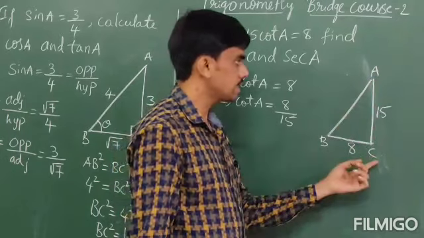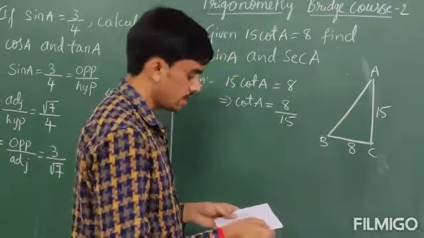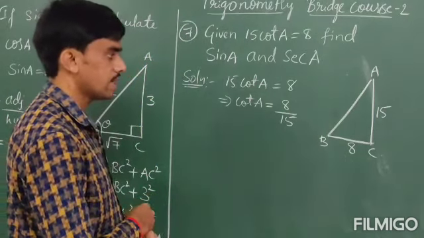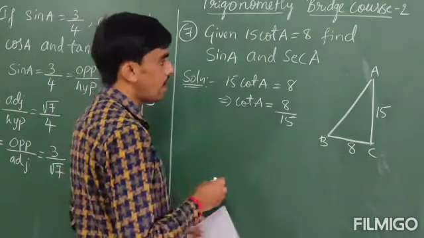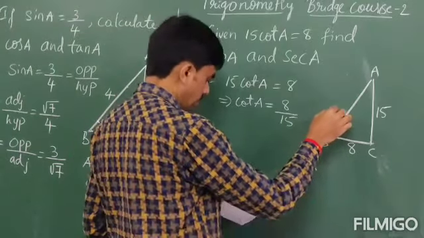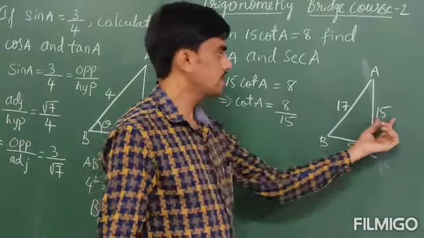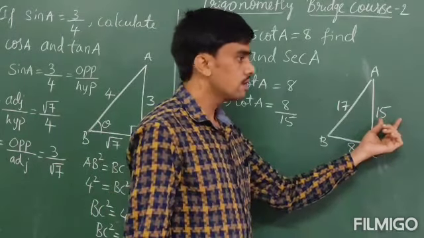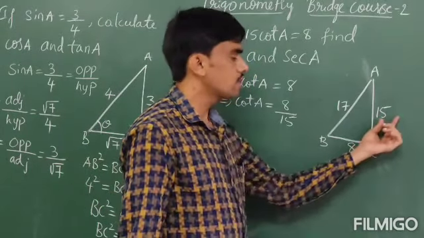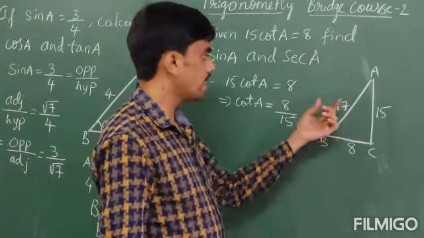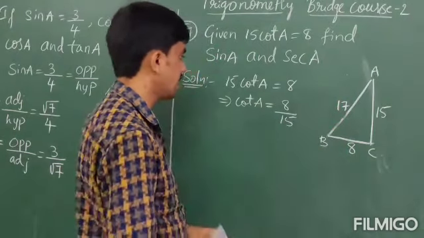BC is 8, AC is 15. Next, by Pythagoras theorem, the value of AB is 17. 15 square is 225, 8 square is 64, 225 plus 64 is 289. So the root of 289 is 17.